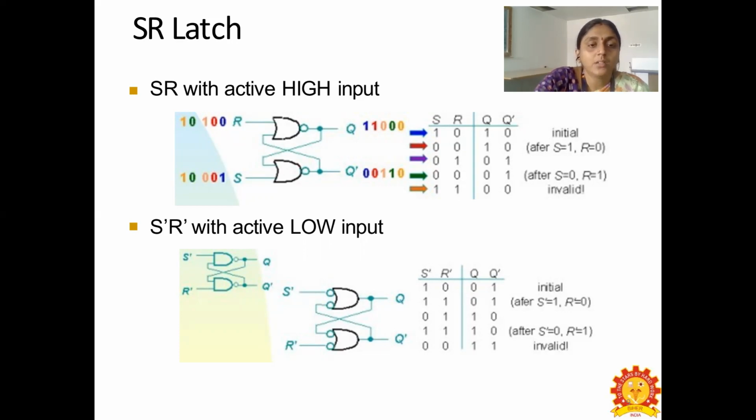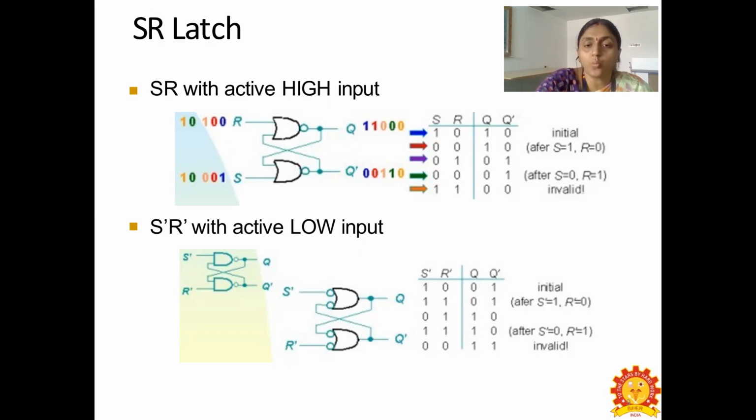That is, you can see two NAND gates, where the first NAND gate has S dash as the input and Q dash as the input, and the other NAND gate has Q as the input and R dash as the input. So here the state table shows the different output values in each situation.